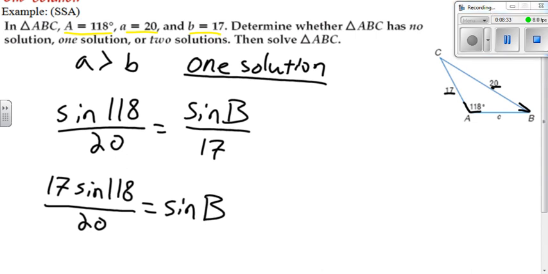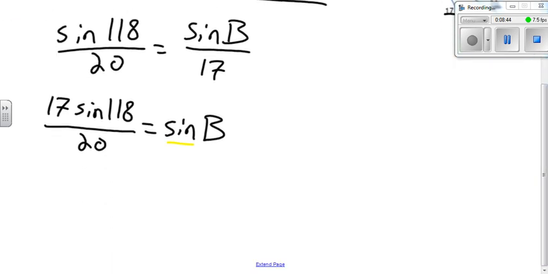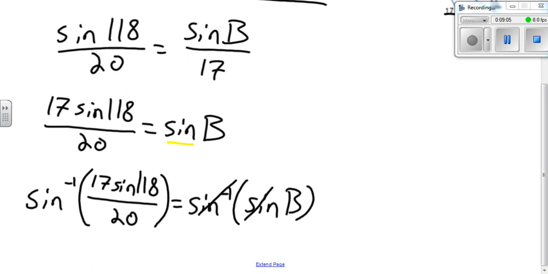Now remember, to get rid of this operation, trig function sine of b, we need to do the inverse sine, otherwise known as the arc sine. So on a lot of calculators, that'll look like a sine to the -1, arc sine of 17 sine 118 all over 20 equals, I could write it as arc sine of sine b, but again, because these are inverse operations, they just cancel out.